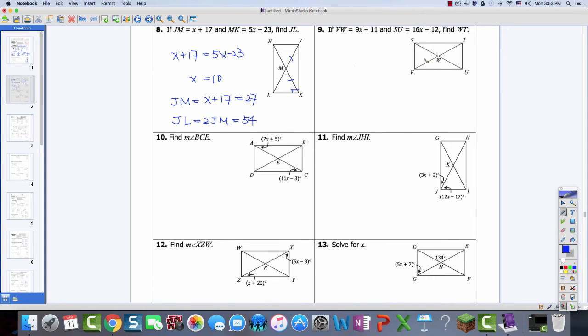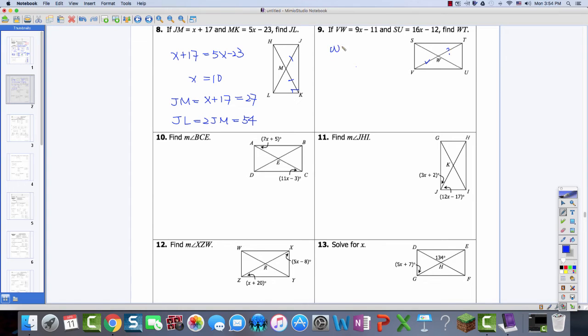For number 8, if VW is right here at 9x minus 1, SU, the big whole thing, diagonal, is 16x minus 12. We have to find WT. We have to find this part here. So if I know this whole thing, I just need to take half of that.